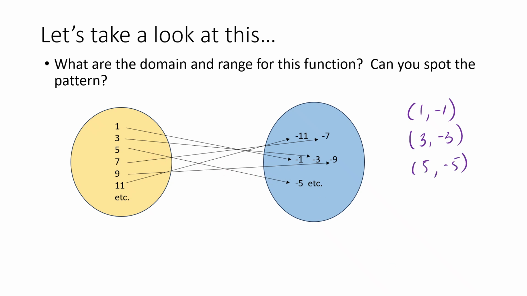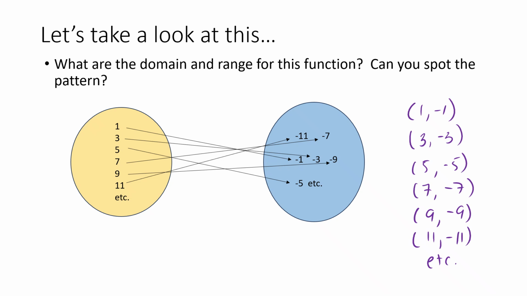And probably by now you can see the pattern. 7 maps to -7. 9 maps to -9. And 11 maps to -11 with an etc. In other words, it's going to keep going.